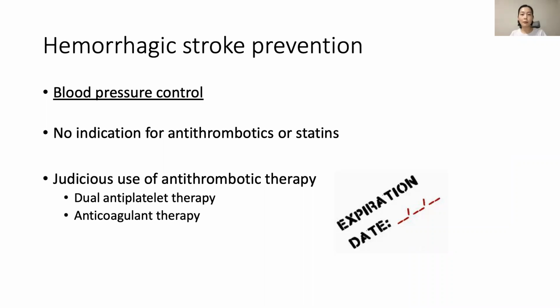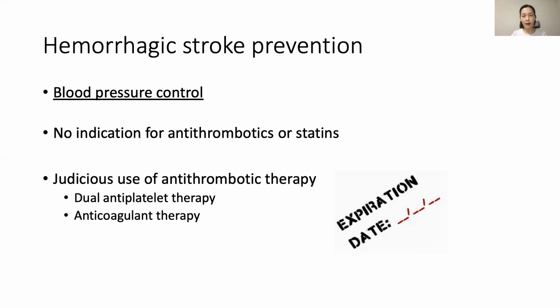And then patients, for secondary or for primary prevention, if they have an indication to be on an antithrombotic, for instance, if they have a stent in their heart, if they have really bad peripheral arterial disease and they need to be on antithrombotic therapy, you want to use it judiciously.